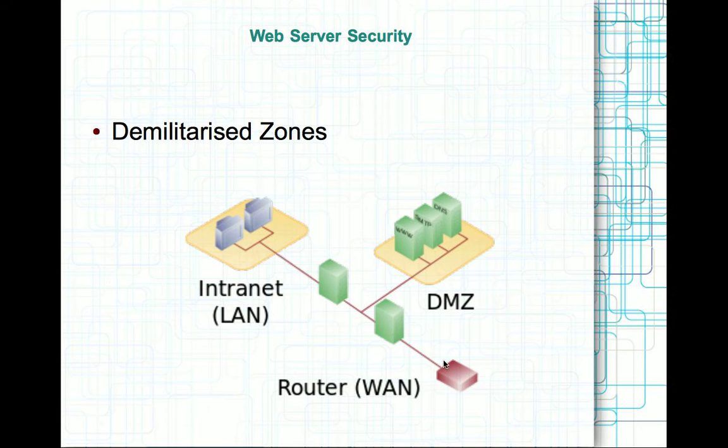On the right we have the router, which is the connection to the outside via the internet most likely, and in between the internet and the internal network we can find the demilitarized zone. Connections from the internal and external network are permitted, but connections from the demilitarized zone are only permitted to the external network.